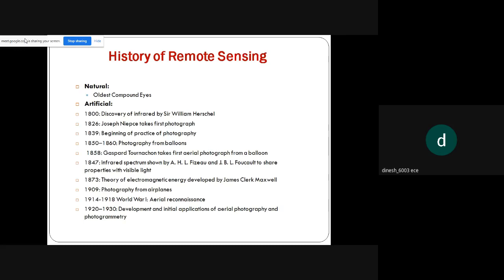The infrared spectrum was shown by scientists to share the properties of visible light. The theory of electromagnetic waves, developed by James Clerk Maxwell, came into existence. Then photography from airplanes was done in 1909. In World War One, aerial reconnaissance was done from 1914 to 1918. The development and initial applications of aerial photography and photogrammetry were done during 1920 to 1930.